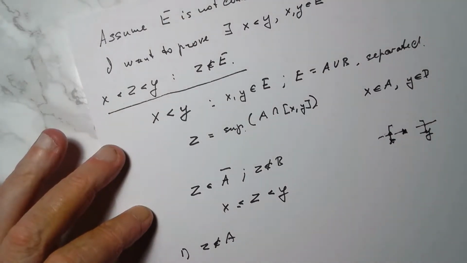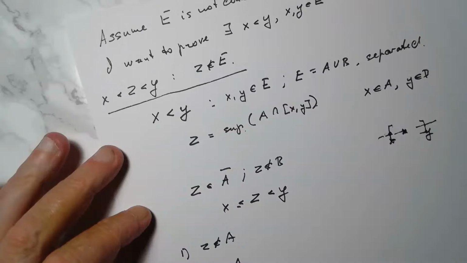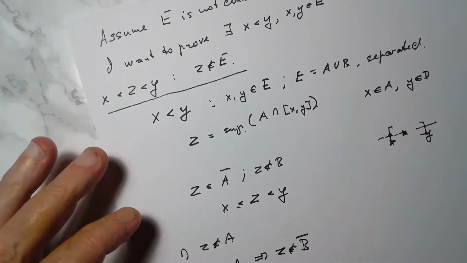The second possibility is that Z is in A. Okay, so not only is it in the closure of A, but it's actually in A. That implies that Z is not in the closure of B. Well, why not?